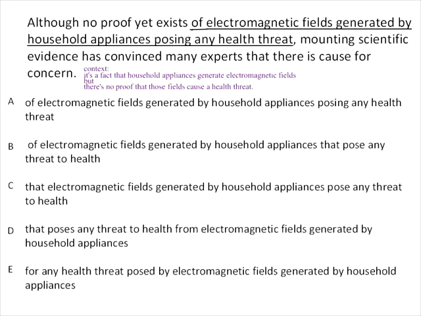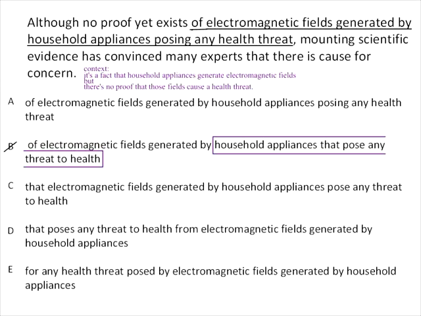But there's no proof that those fields cause a health threat. So the problem with B is that B is an incorrect modifier. You've got that "pose any threat to health" is tagged on to household appliances. So that's just not the right meaning. It violates this particular context that we're talking about.